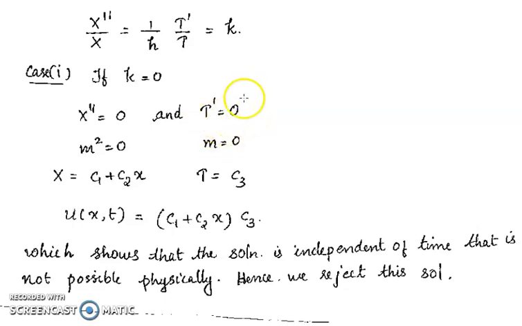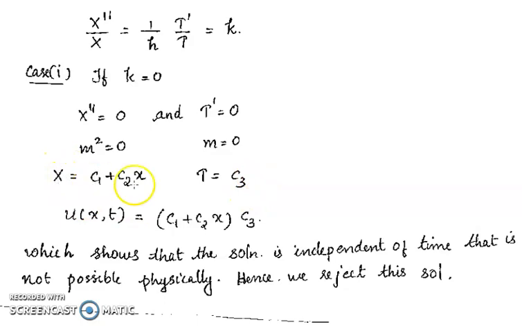Here we denote d/dt as capital D, therefore this is D T equal to 0. Therefore the auxiliary equation is m equal to 0. There is only one root, that is 0, which is a real number. Therefore T is equal to C3 e^(0t). e^(0t) is 1. Thus we have T equal to C3.